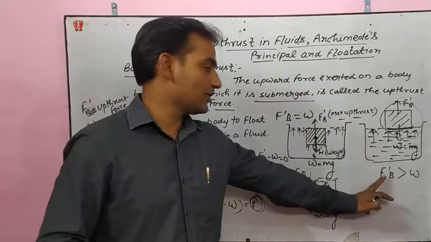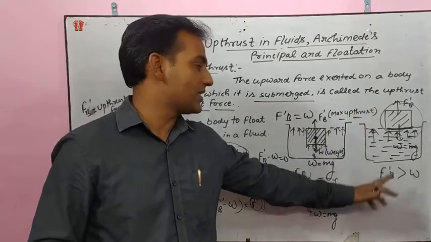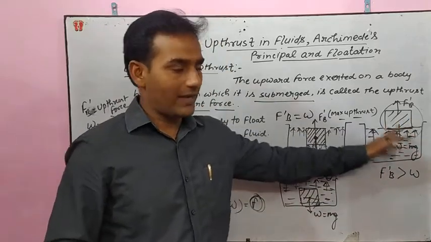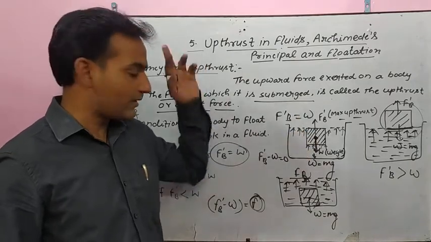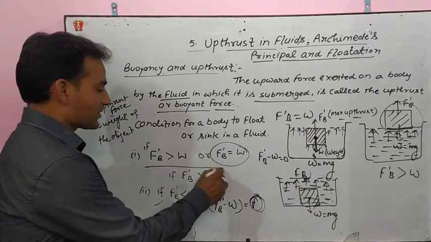The first condition, if F dash B, the upthrust force or buoyancy, is more than W, then it will float like that. Second case, if F dash B is equal to W, it will float like that.